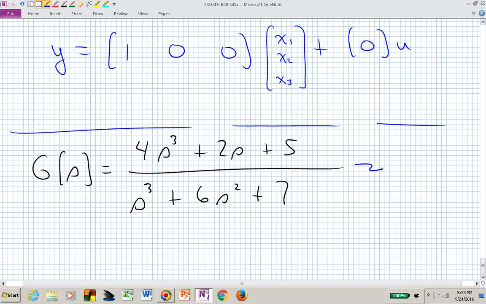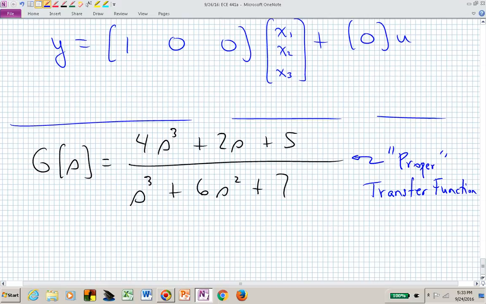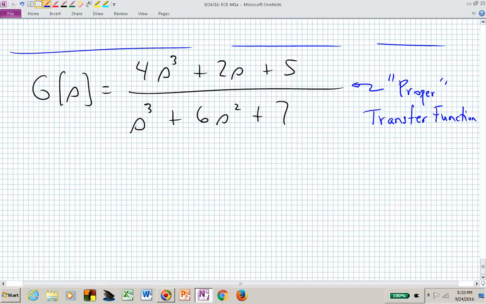In this case, this is a proper transfer function, meaning the numerator is the same order as the denominator, and we now can't immediately progress from this transfer function to a state space representation. What we need to do is some long division, and get a remainder that has a numerator that is an order less than the denominator order.